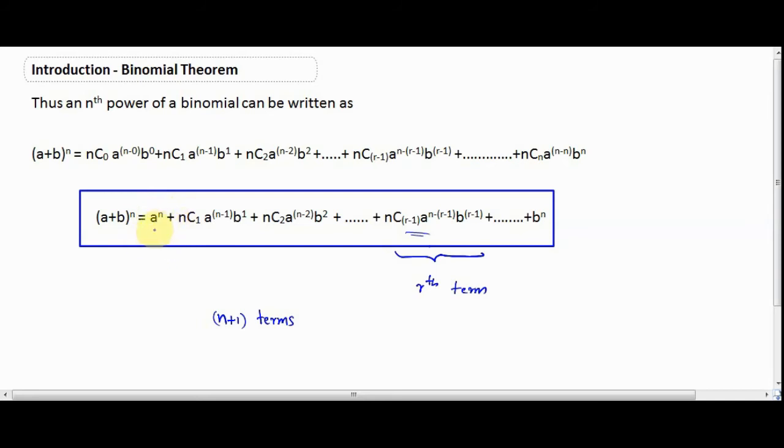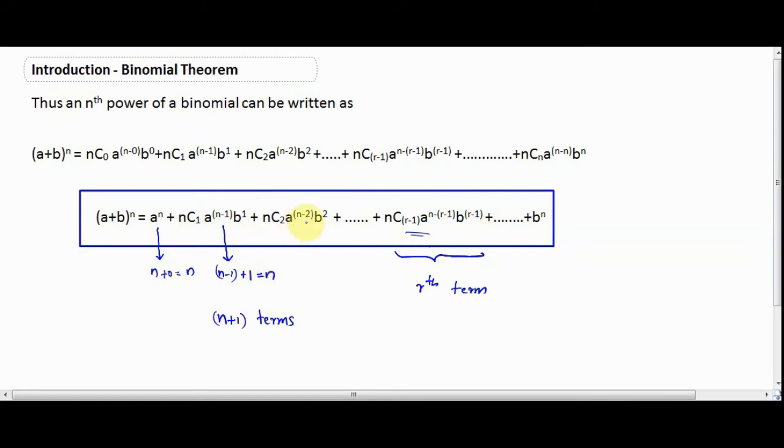So here the first term is a^n, the power of a is n and the power of b is 0. So n plus 0, we have n. Now in this second term, the power of a is n minus 1 and the power of b is 1. So n minus 1 plus 1, the value is again n.